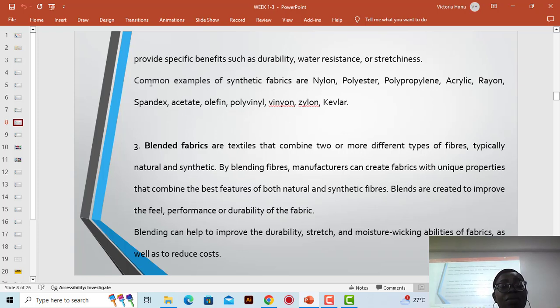Please, if you realize we are not reading every content, I'm only explaining. So with the synthetic that we just did, some common examples of synthetic fabrics are nylon, polyester. If you check nylon, you see that it is a blend of two fibers. One is natural. Polyester, so these ones you should have done it. You are supposed to do it semester one and semester two.